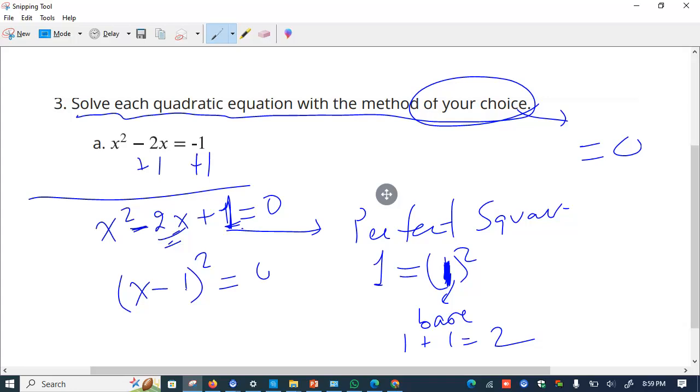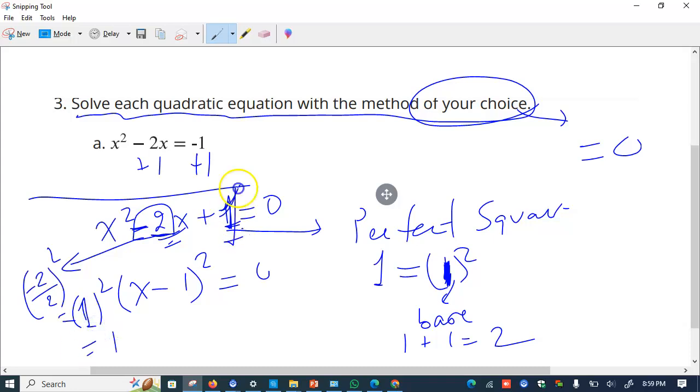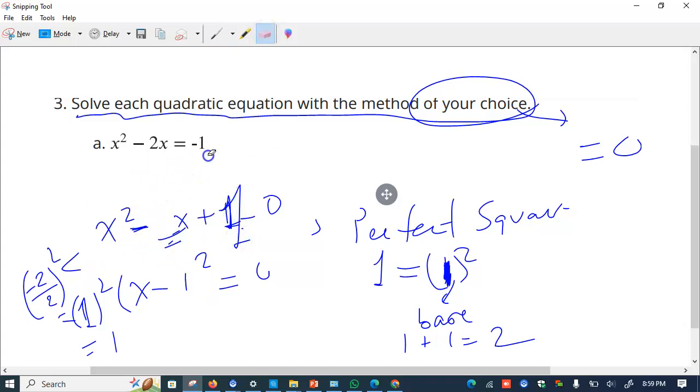So all you do is, suppose this was minus 2, you take half of it, half of minus 2, and square it, it is 1 squared, which is 1. That's the one right here. So that's a trick if you want to know whether it is a perfect square trinomial. But if you get confused, then you can use the quadratic formula.